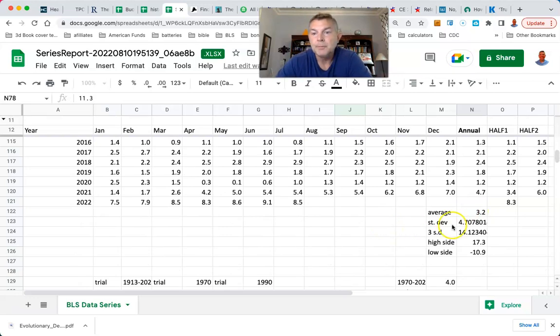So what I did, going back to 1914, our average inflation was 3.2, but the volatility, the standard deviation, was 4.7. So within 3 standard deviations, we could have an inflation as high as 17.3% or as low as negative 10.9.